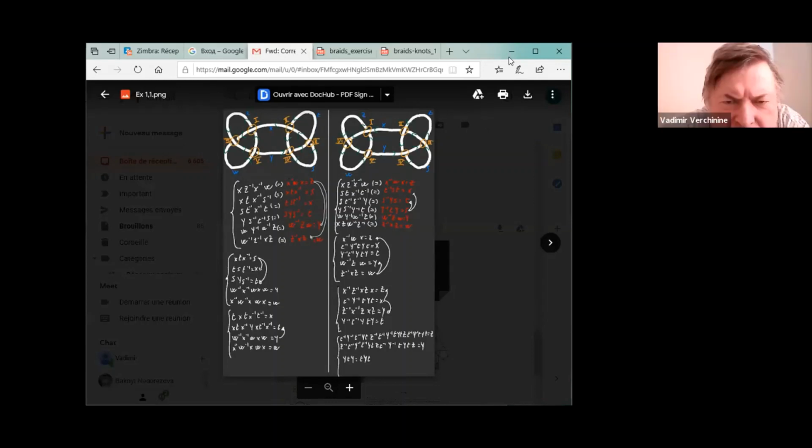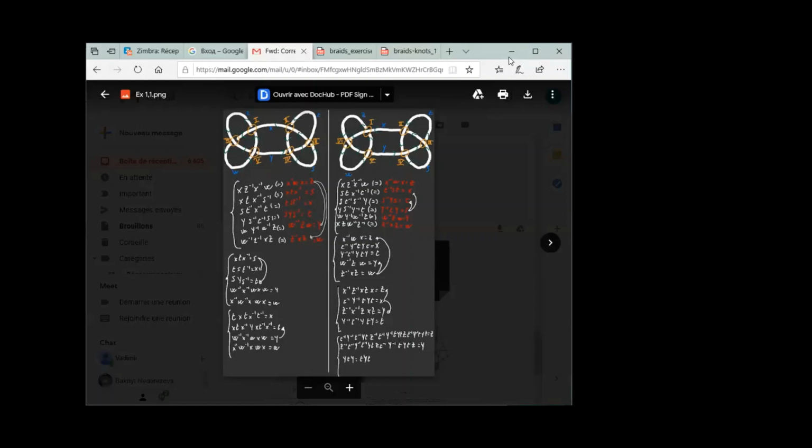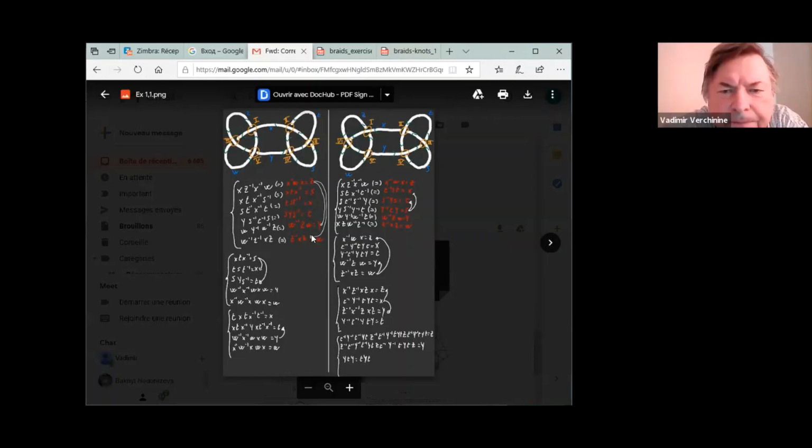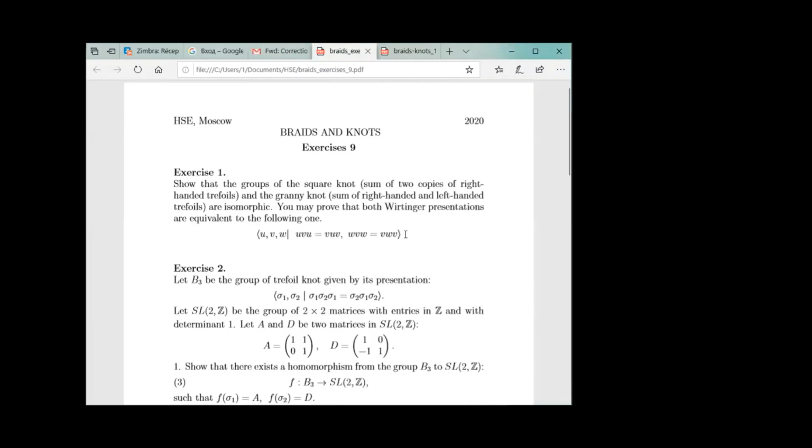So finally, we should have these two. I got it, but with different letters. But I don't think it matters, the letters. I got it with T, X, and W or Y, I think.